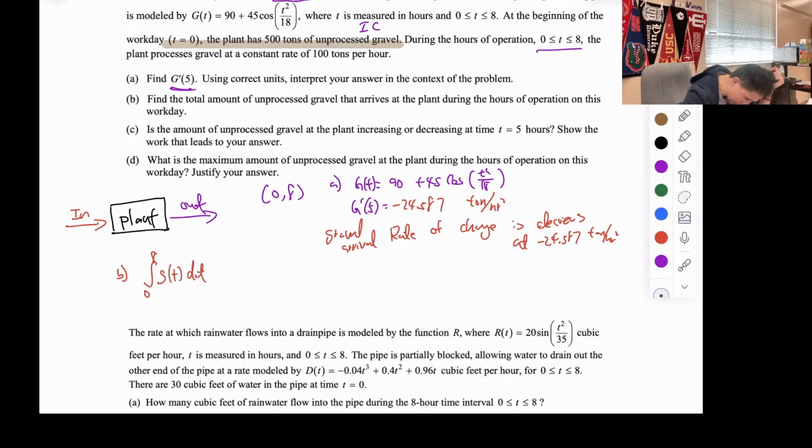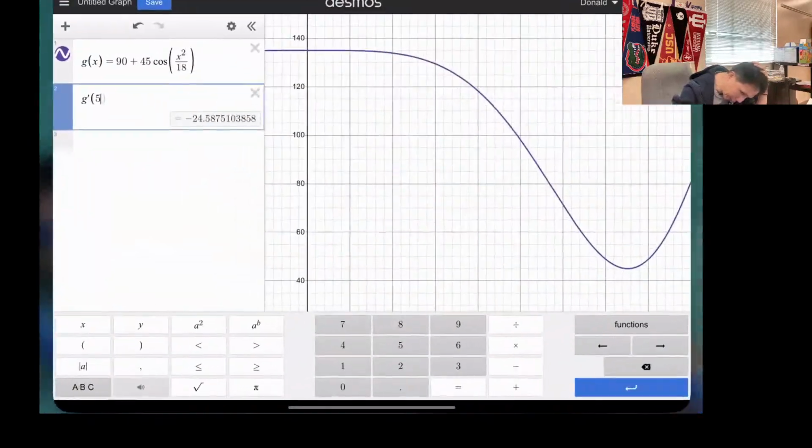Lowercase, because you're putting... actually, it's uppercase. So it'll be integration.